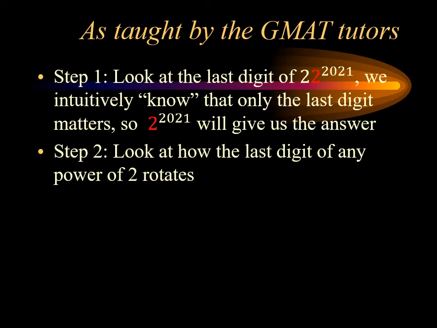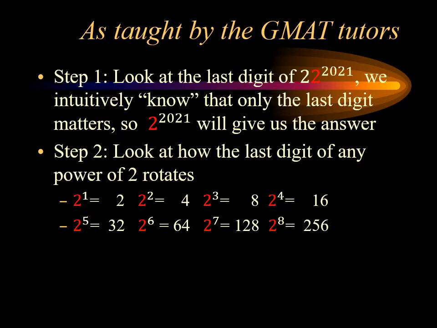Step two: let's look at how the last digit of any power of 2 behaves. Here you can see 2 to the first, second, third, and fourth power, and the last digits are 2, 4, 8, and 6.